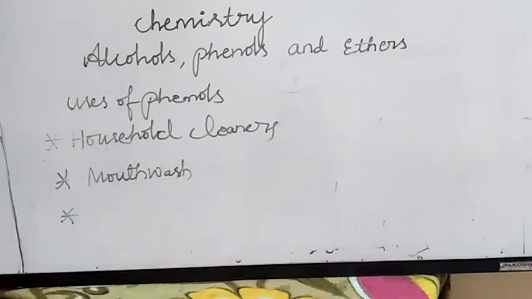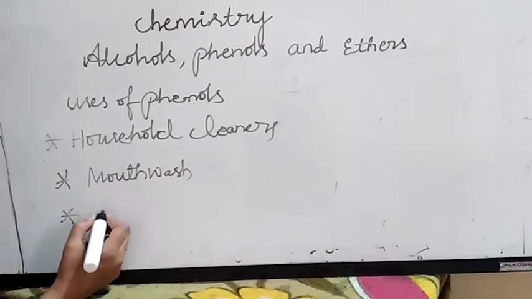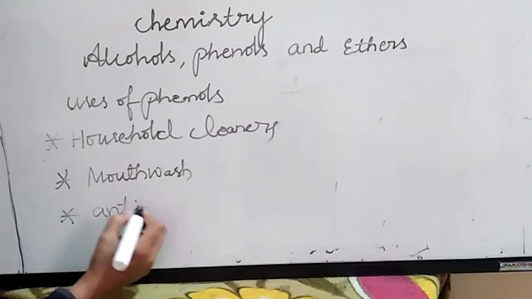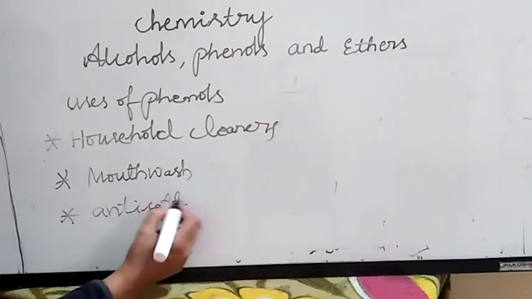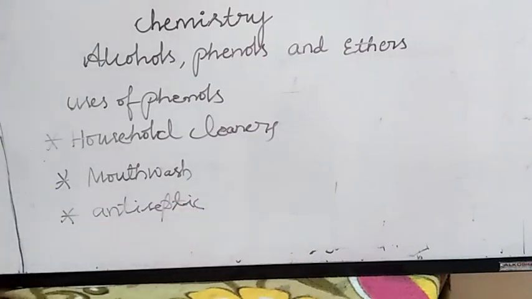It is used as an antiseptic, and it is used in industry to prepare various chemicals. It is used as a starting material to produce various chemical compounds at an industry site. This is about the uses of phenols: household cleaners, mouthwashes, antiseptics, and it is used in industry to prepare various chemicals.